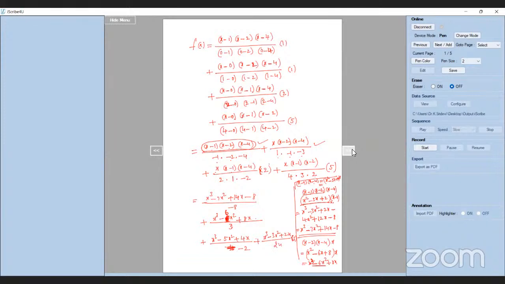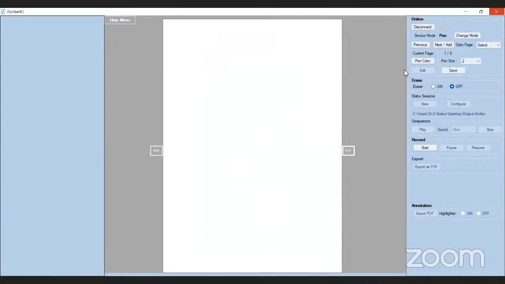Okay. So this also again we can simplify. Simplify, ma. Go and take another page.